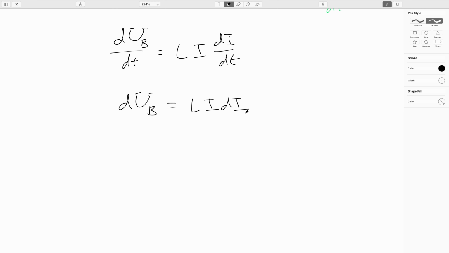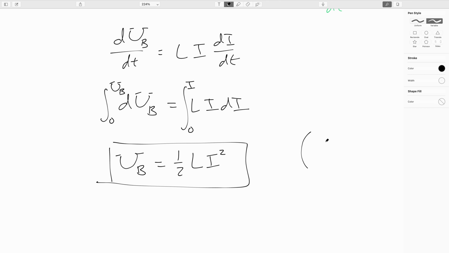And then we can just go ahead and integrate this out. We'll integrate this from 0 to our final potential energy. We start with a current of 0 and we integrate up to I. And so this will give us that the magnetic potential energy is equal to 1/2 Li squared.